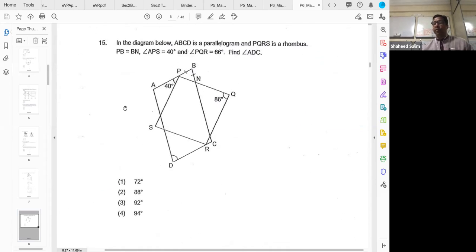Last one, question 15. Rhombus, square. ADC, you know where?